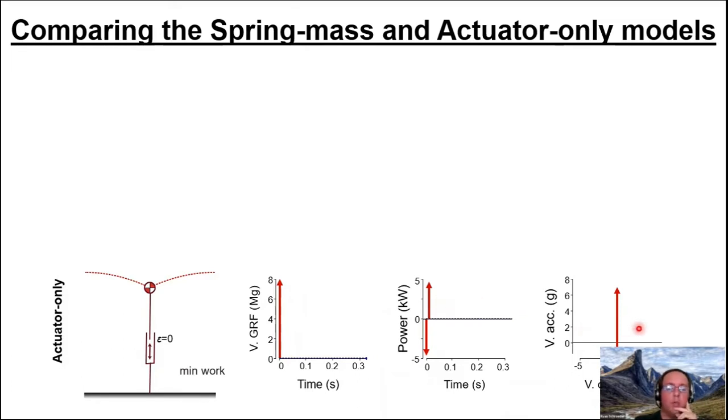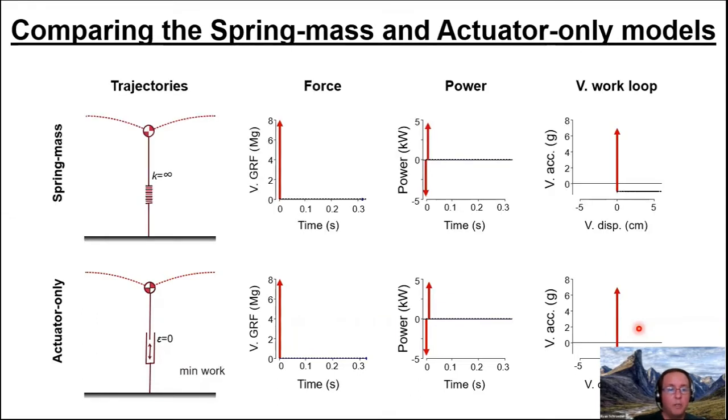And the vertical work loop is infinitely stiff in this sense. Now, you might be forgiven for thinking that this looks nothing like the solutions of the spring mass model, so it's entirely different. But in fact, you could imagine that the spring in the leg is of infinite stiffness, in which case you'd basically get the exact same solution.